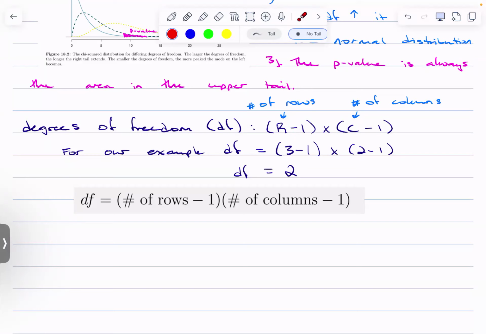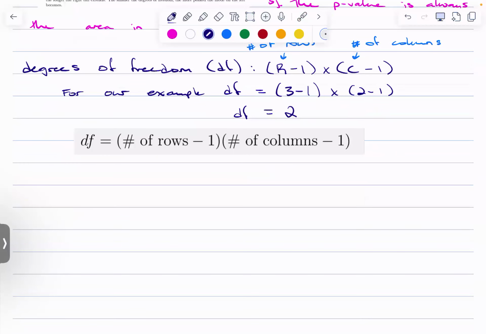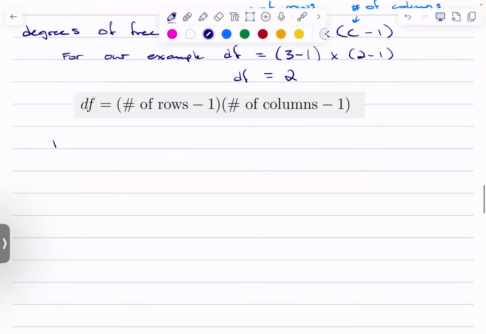So for our test statistic, I know we're only in step 2, test statistics still, but we're establishing the rules of the game. Now, the chi-squared test statistic computes the deviations.